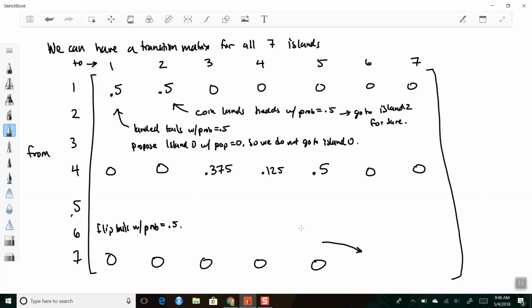And then we're proposing island 6. And what's the probability I actually go to island 6 if I'm at island 7?